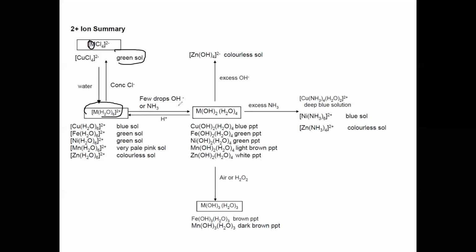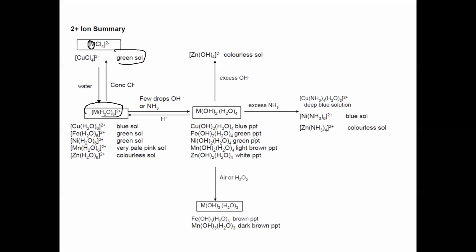If you add a few drops of aqueous ammonia or sodium hydroxide, an acid-base reaction will occur and it will form a precipitate. If you add excess, the nickel, zinc and copper precipitates dissolve and form a colored solution. If you add an oxidizing agent, iron 2 or manganese 2 precipitates will form a brown precipitate.